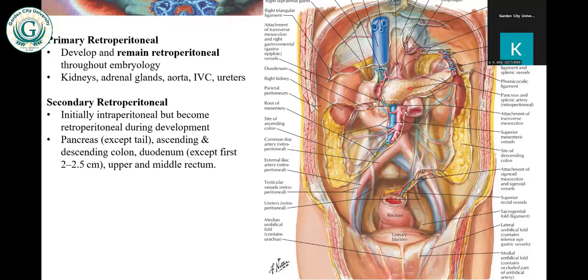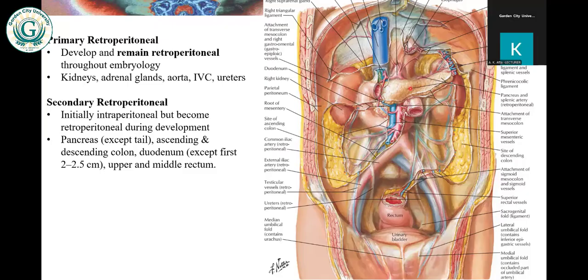Then the secondary retroperitoneal organs, initially they were intraperitoneal, but then became retroperitoneal. The reason being that intraperitoneal organs are suspended within the peritoneal cavity by the mesentery.